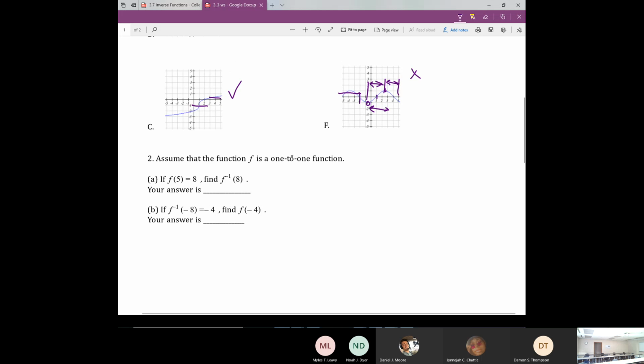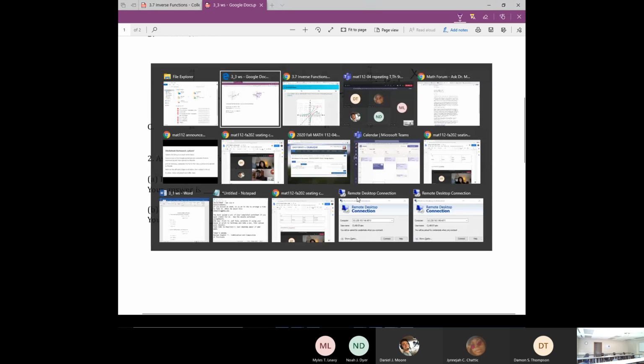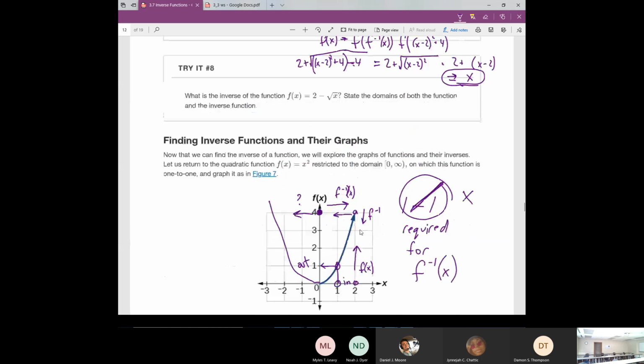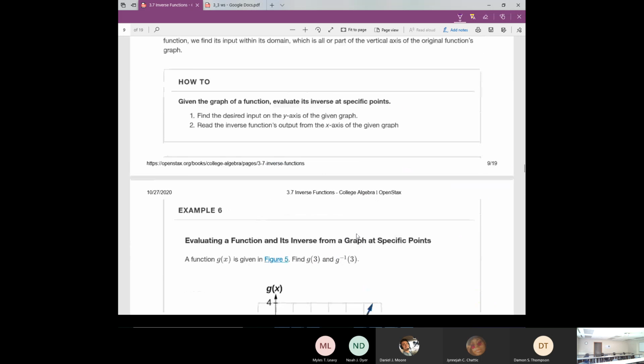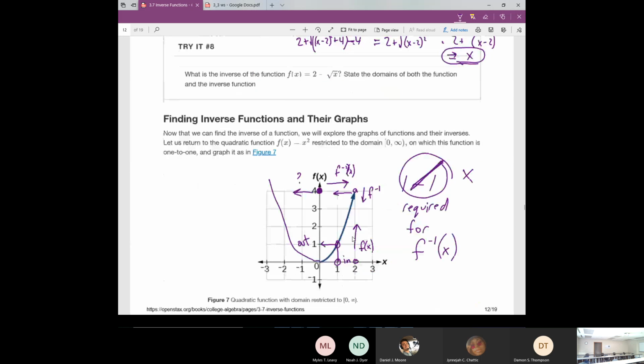Now we get back to that part about if I have a table of numbers, not even knowing what the function is. Well, let's go back now and look at the table form of inverse functions. Do they give me tabular down here?